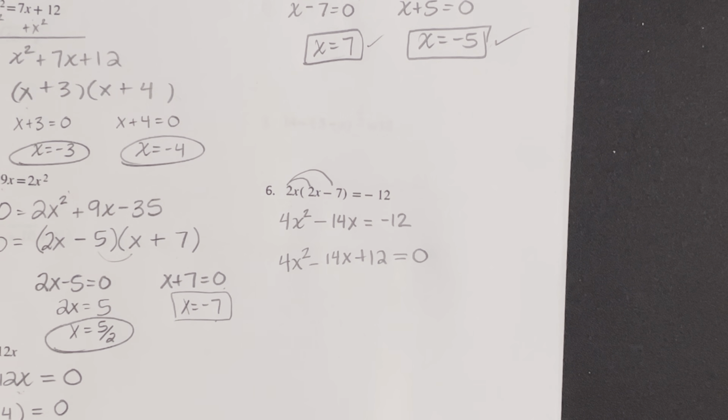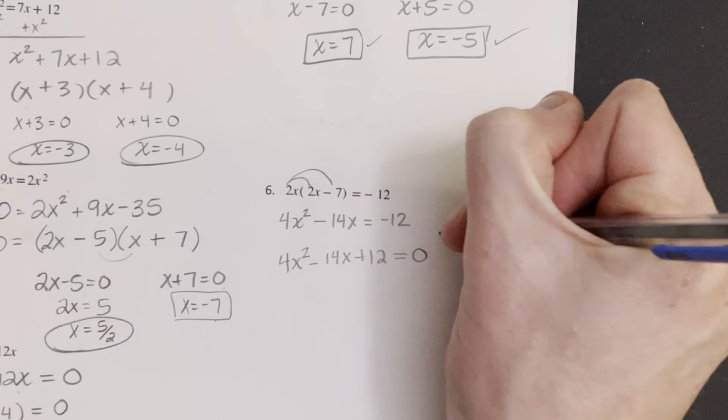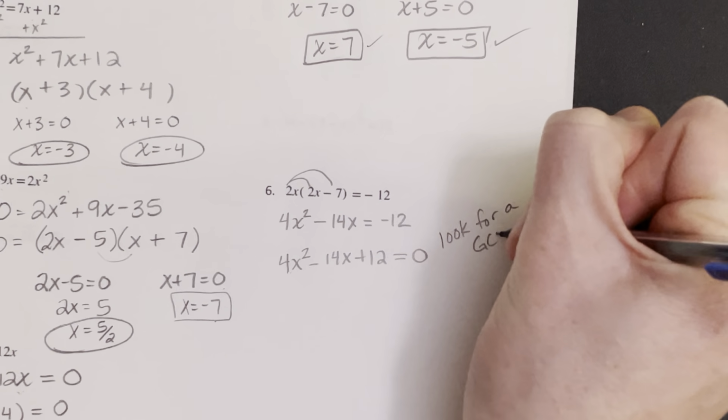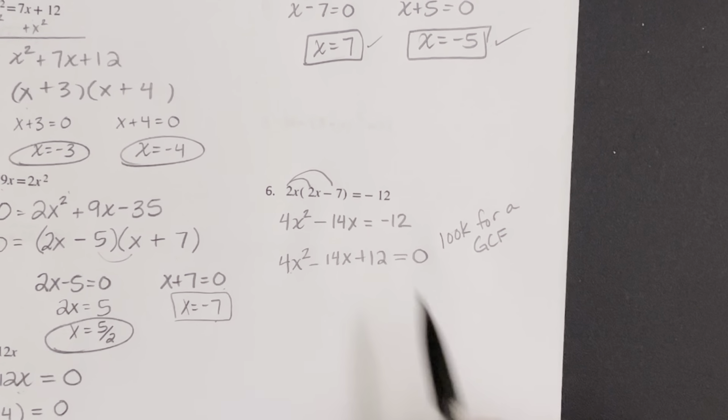Again, we're using those factoring skills. I have this time something bigger than 1x squared. We have a 4x squared. But my first rule of factoring is always to look for a GCF. So look at those three terms and see, is there a greatest common factor between all three parts?